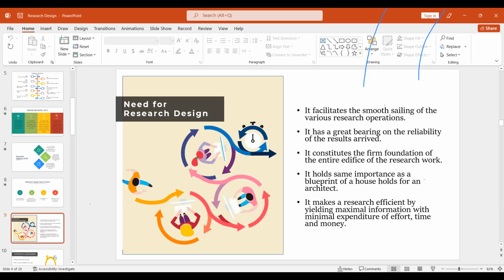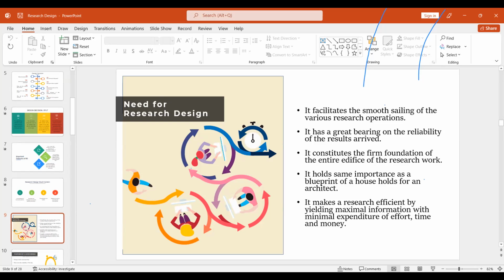So research design is needed because it facilitates the smooth sailing of the various research operations, thereby making research as efficient as possible, yielding maximal information with minimal expenditure of effort, time, and money. It has a great bearing on the reliability of the results arrived.